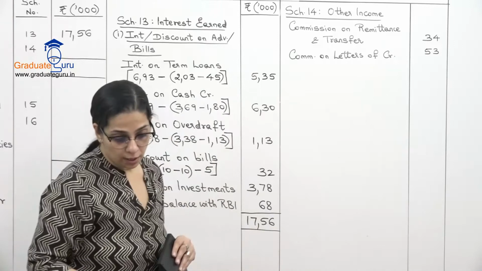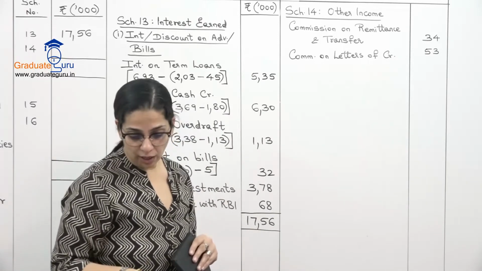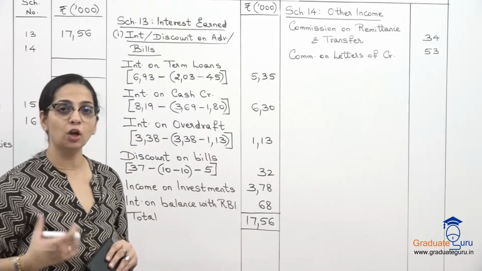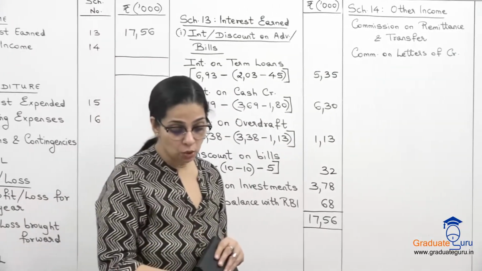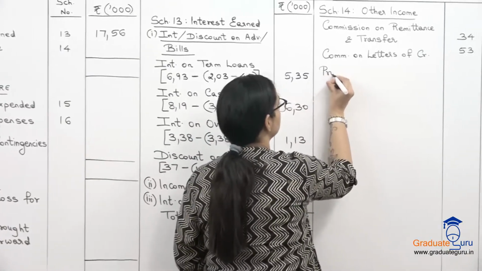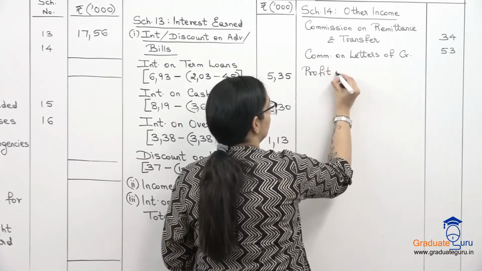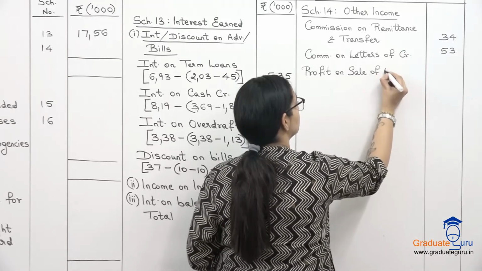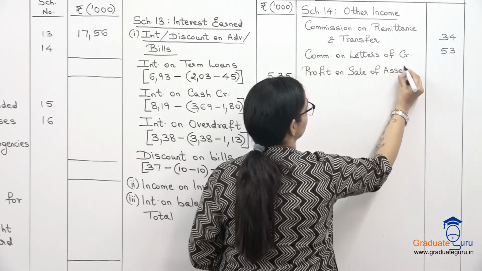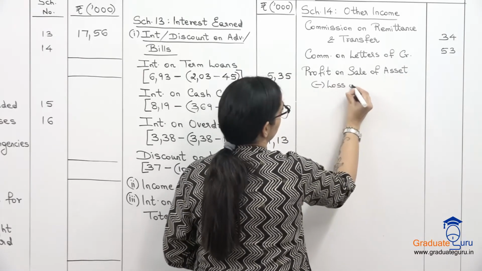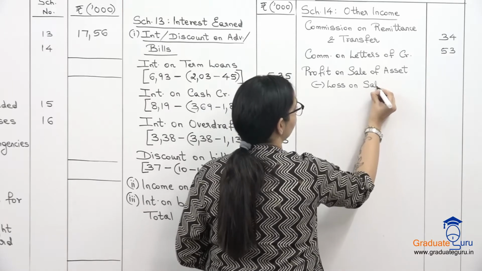Then we'll have our loss on sale of computers. This is a loss on sale of an asset. So here the way to show it is profit on sale of asset minus loss on sale of asset.